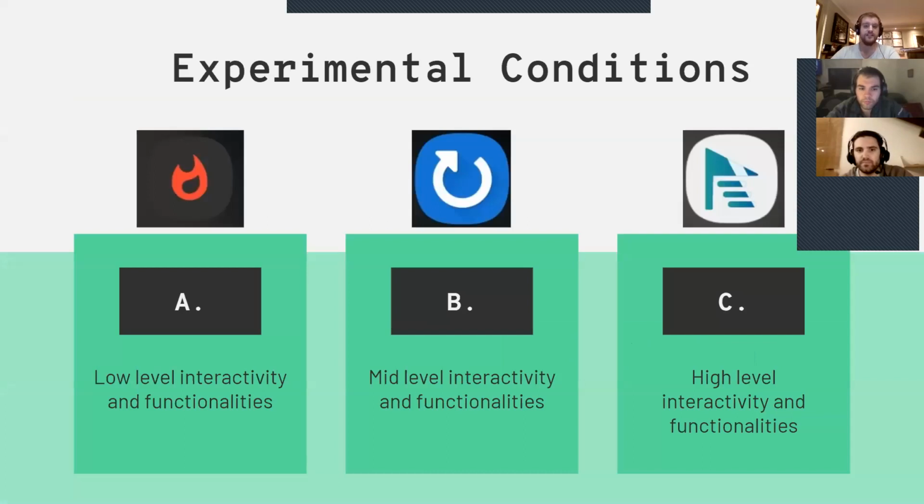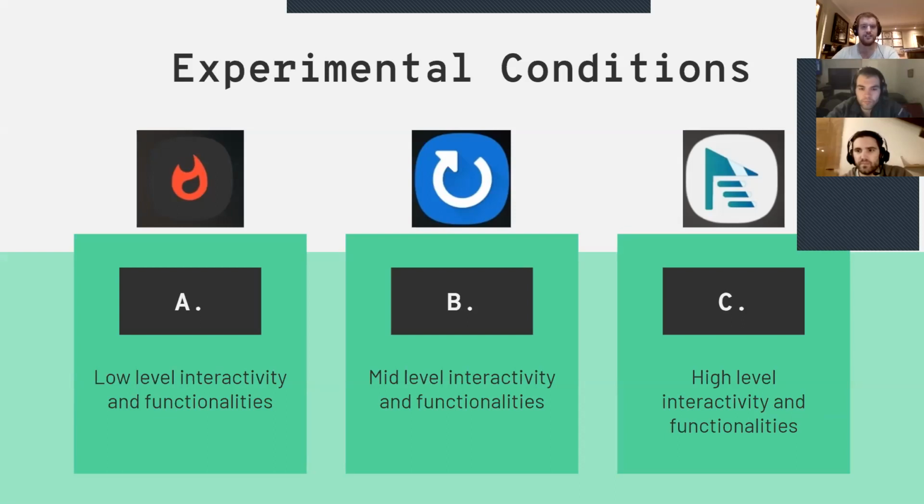Our experimental conditions are the level of interactivity and the number of functionalities each app has. We chose 3 applications which each has a different level of these conditions.